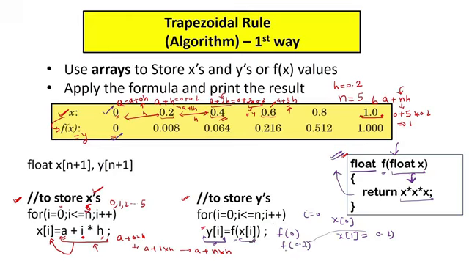Okay, so the function value at 0.2, this function will give me 0.008. So this will be saved inside y of i, and so on till i less than or equal to n. So all the values of y are getting stored by this loop. In this way, I have stored all the values of x and y in the two arrays, x and y.